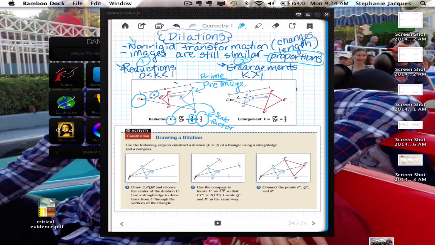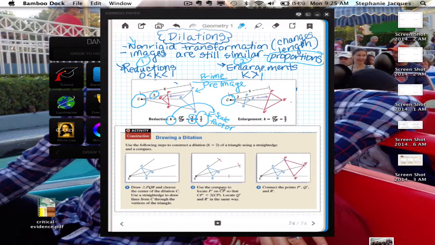Now let's look at an enlargement. So they started with their point C, and then there was a pre-image, PQR, right here. So they drew a line from C to P and C to Q. And then what happened is they enlarged it, but they extended their line so that P prime, R prime, and Q prime would be on that line.